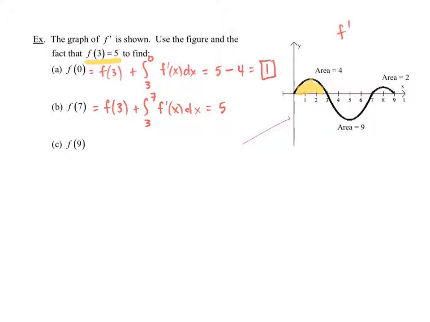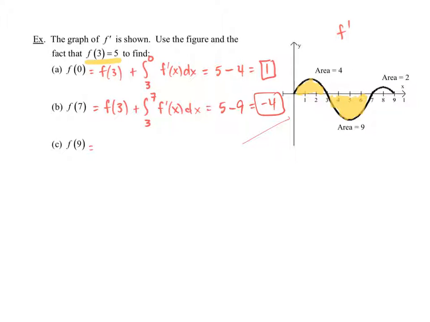Actually, it doesn't look like it's going to let me erase, so just continue going here, I guess. I'll have this area from 3 to 7. Now that is integrating the correct direction, and it is below the axis. So that 9 is actually going to be a negative 9. And so this f of 7 is going to equal negative 4.